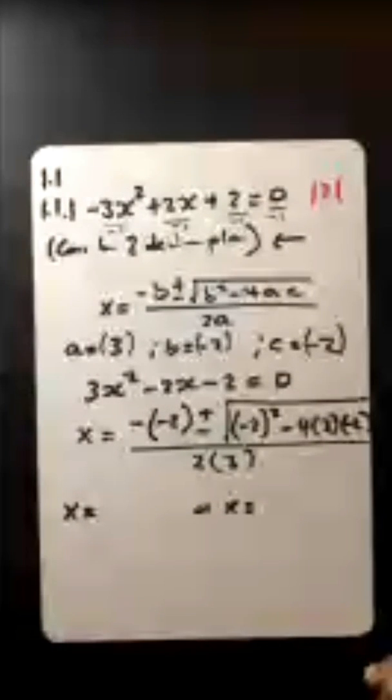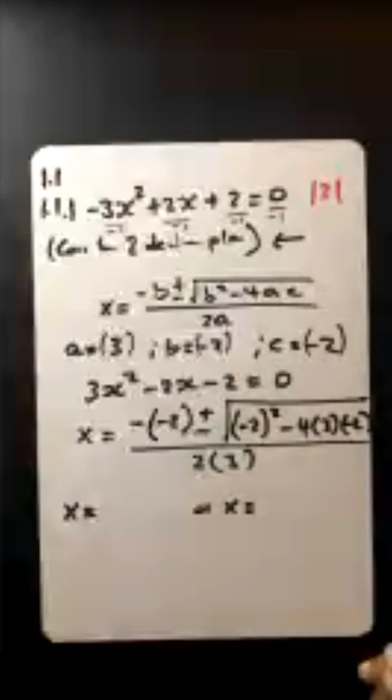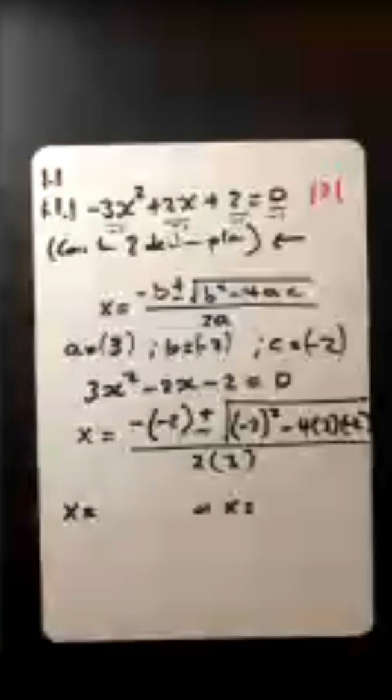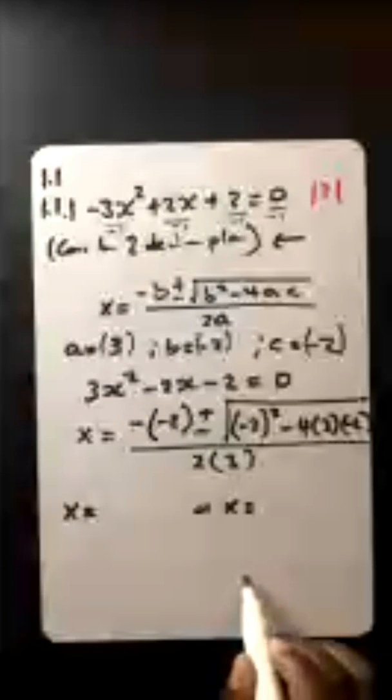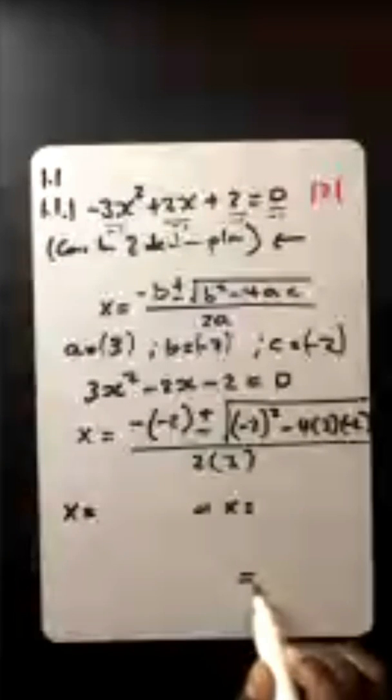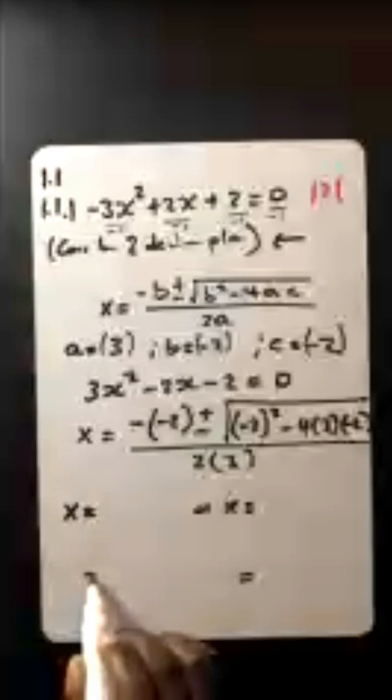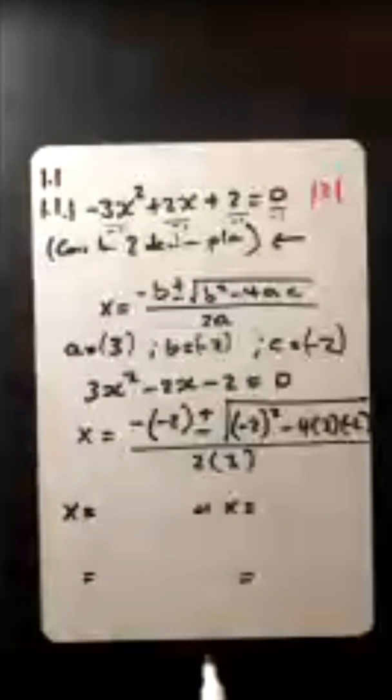I'm not sure which type of calculator you're using, but remember the value that you're giving is in decimal form. So I want that fraction form. I'm not sure if it's not showing on your calculator.